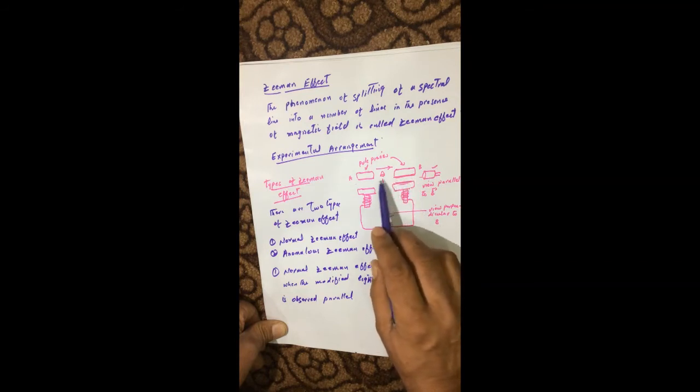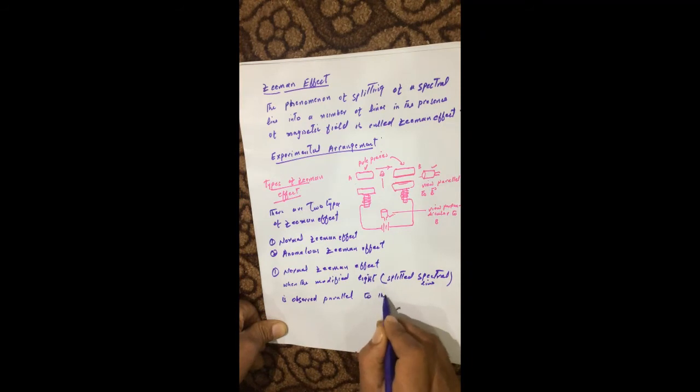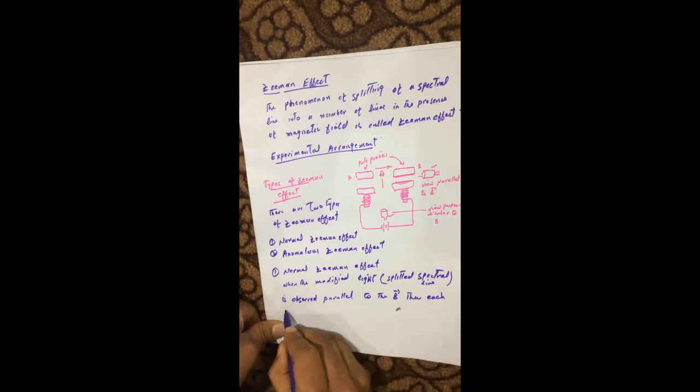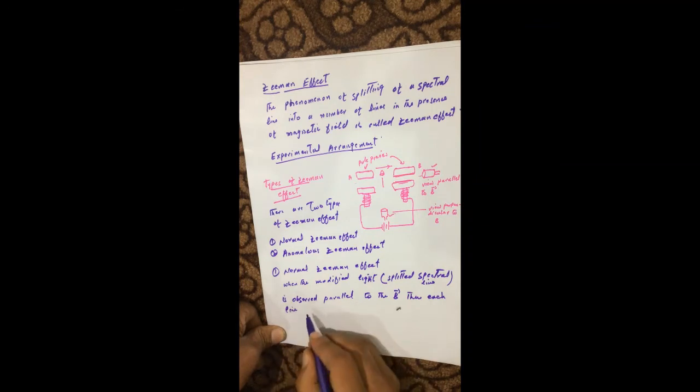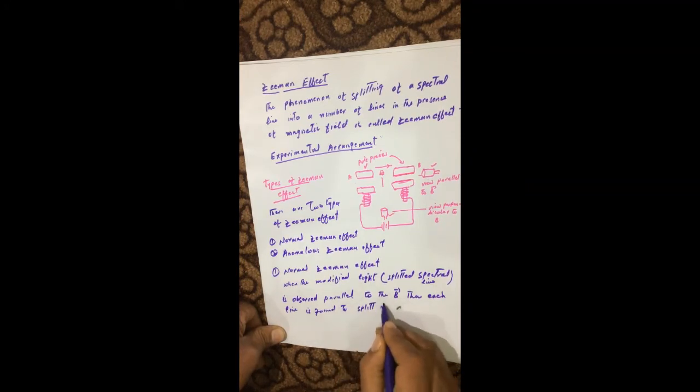So if we observe those component lines in a direction parallel to the magnetic field, then each spectral line is found to split into two components.